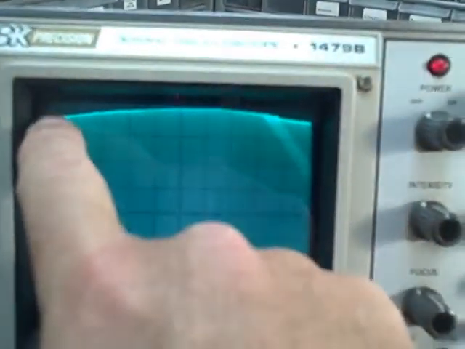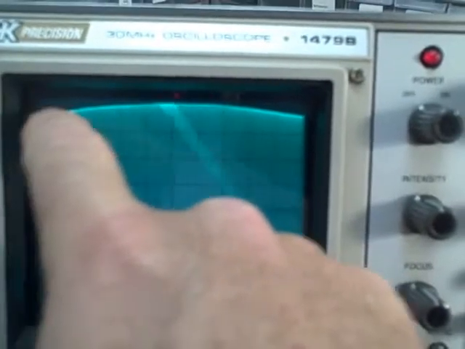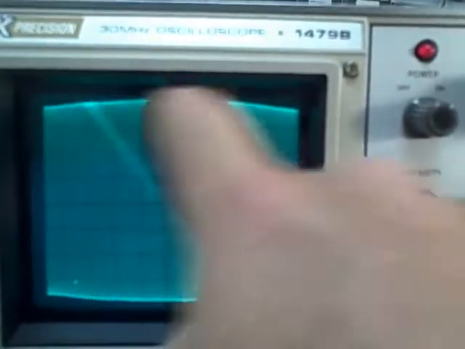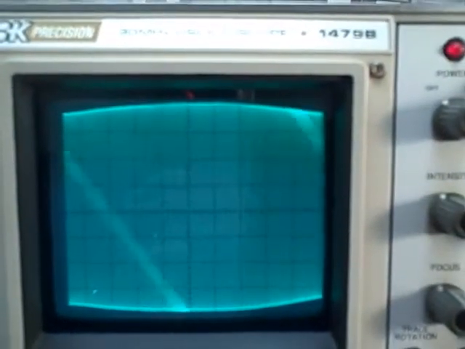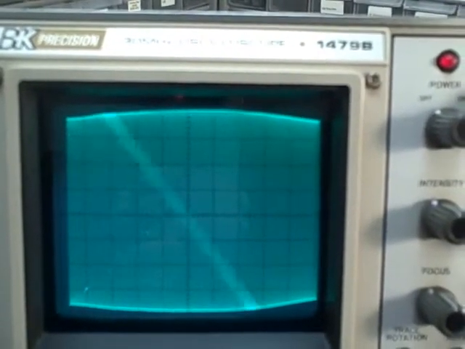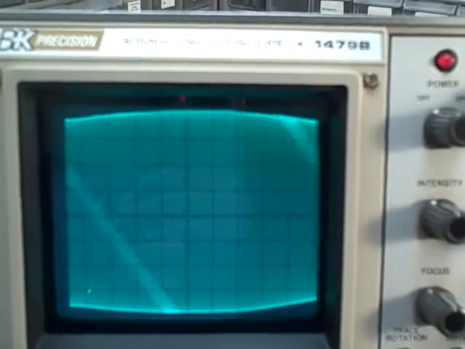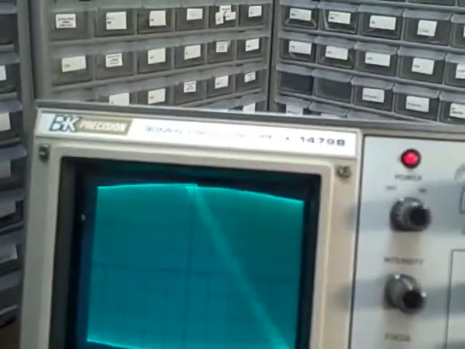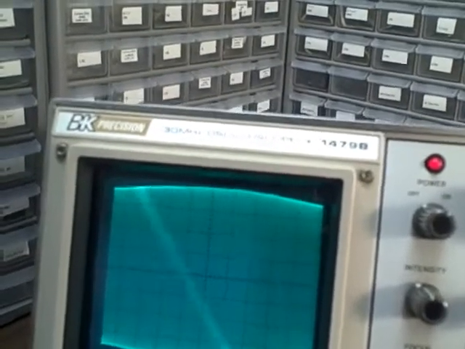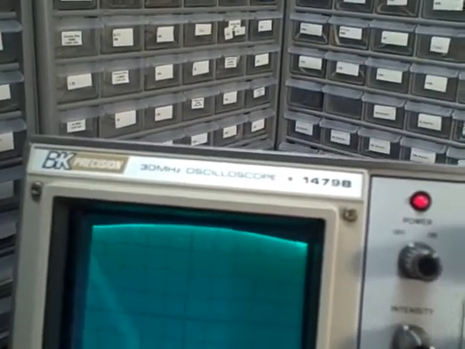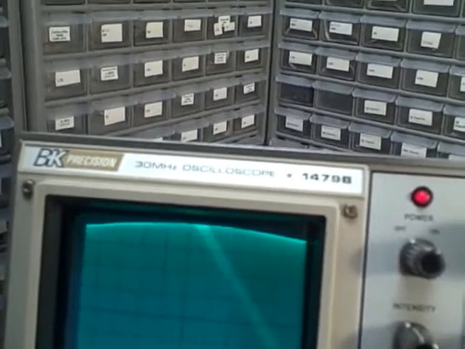And we see that we fall off slightly, a fraction of a division on both ends, and we rise in the middle, just as the B&K 100 megahertz scope did as well. So we're producing the same waveform that we saw on the reference scope, and that's because both of them are linear and capable in this range.